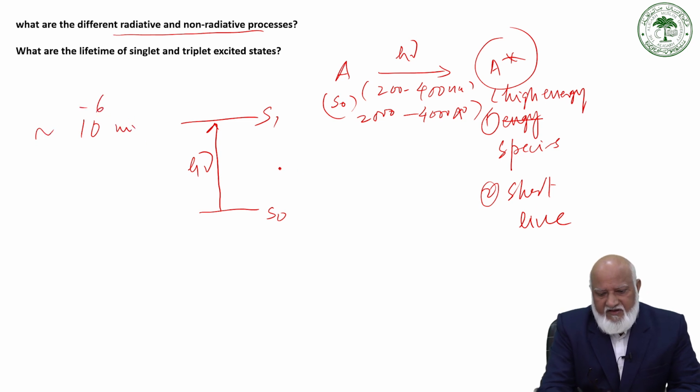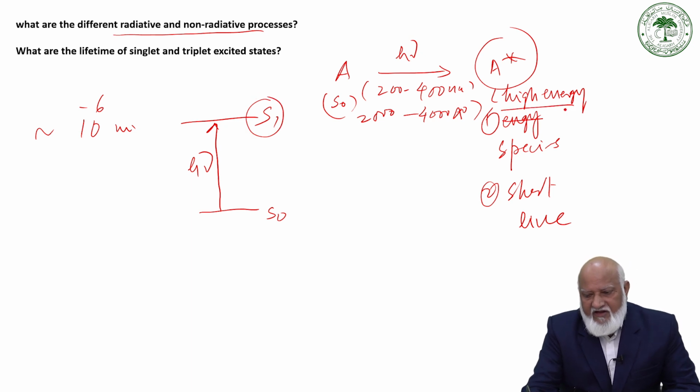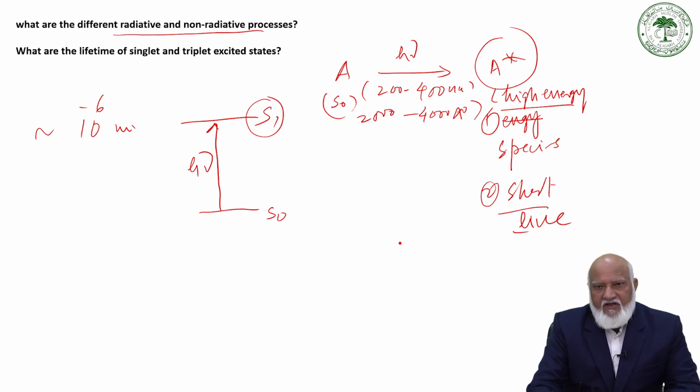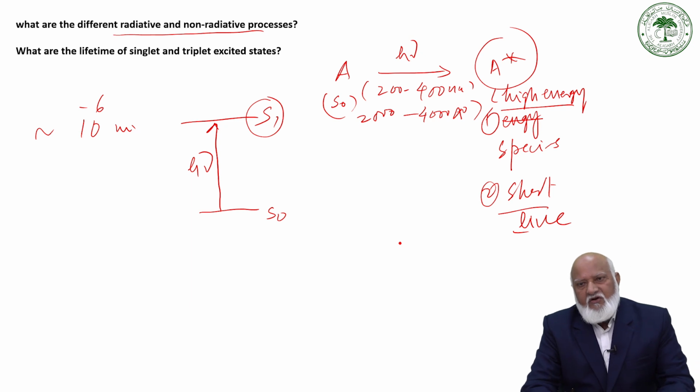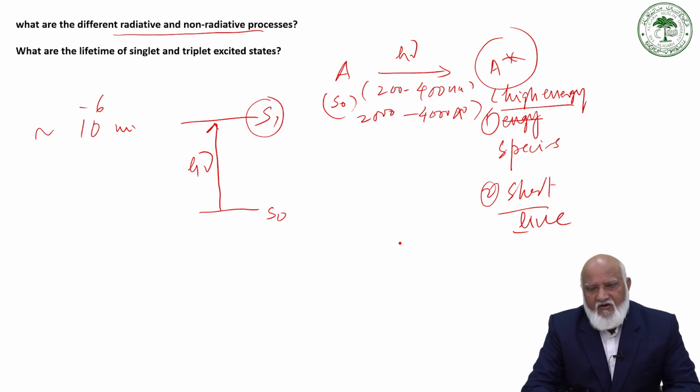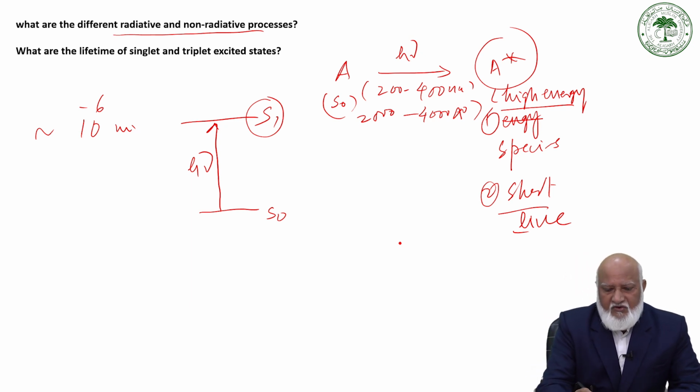Since these excited states are high energy species and short-lived, they do not stay very long. They undergo deactivation processes. It can come back to the ground state in two different ways.